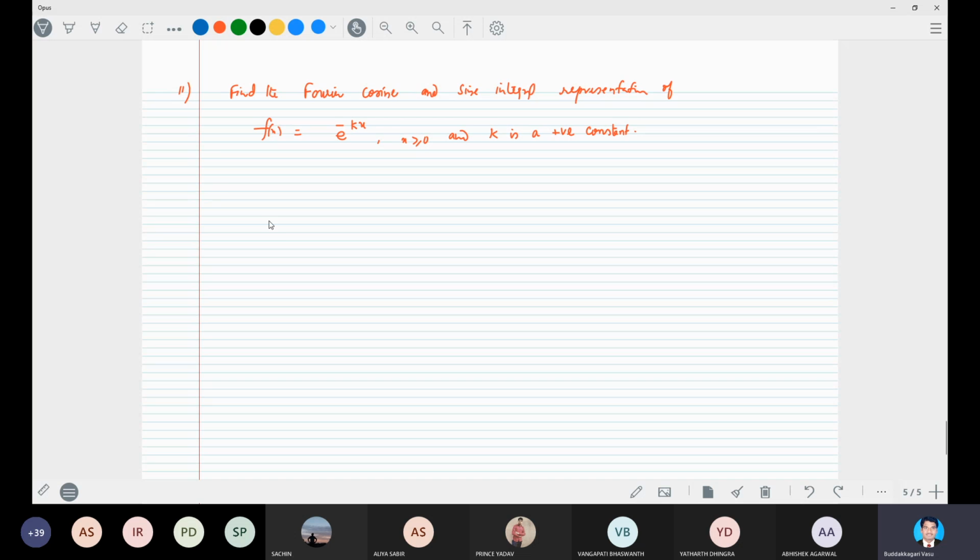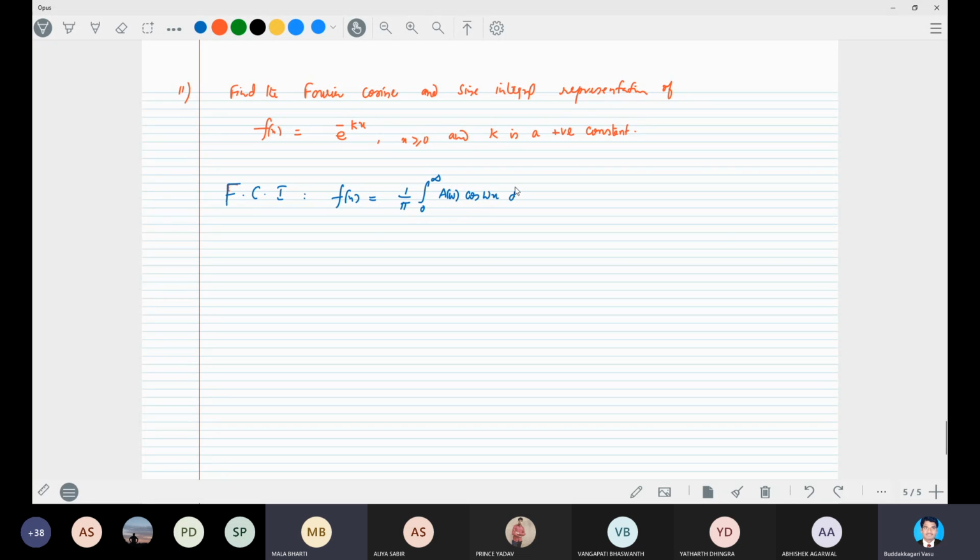We know the Fourier cosine integral: 1 by pi integral 0 to infinity A(omega) cos omega x d omega.